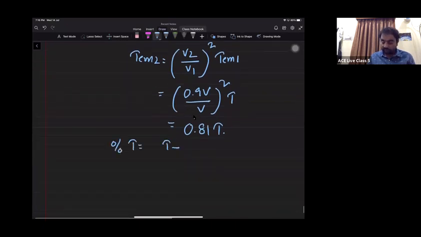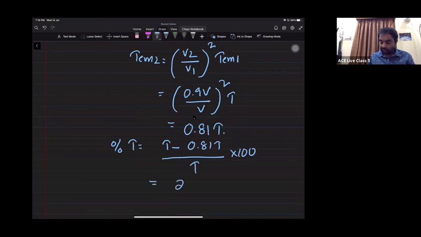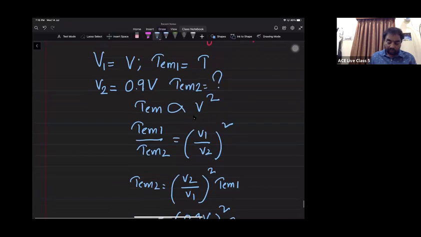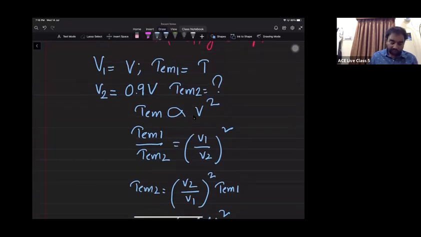T minus 0.81 T, by T, into 100, so it is 19%. I can approximate it to 20%. The change in voltage is 10%. So when the voltage is reduced by 10%, the motor torque reduces by 20%, keeping all other parameters constant.